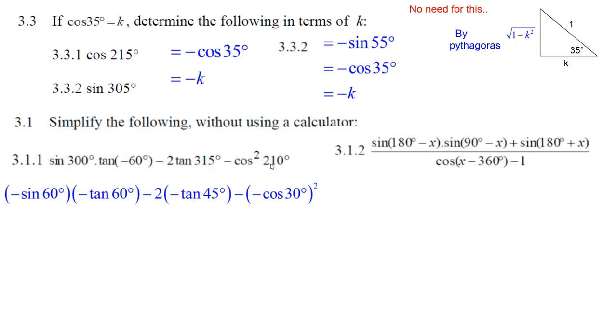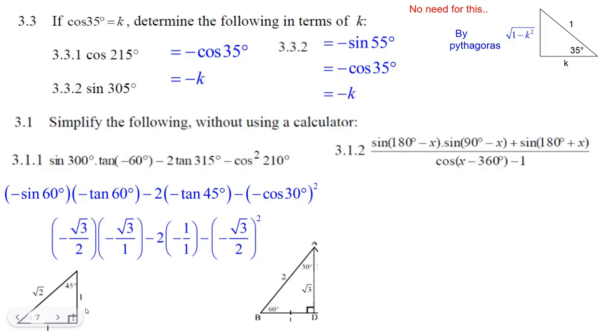And the cosine of 210 degrees, that's the same as the cosine of 30 degrees, but it's going to be negative because cosine is negative in the third quadrant where 210 degrees is. Well, there's all that stuff done. But what you need is your special triangles, and you know that a negative times a negative is going to give you a positive. The sine of 60 degrees is root 3 over 2.